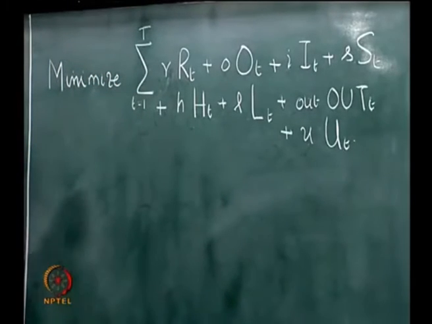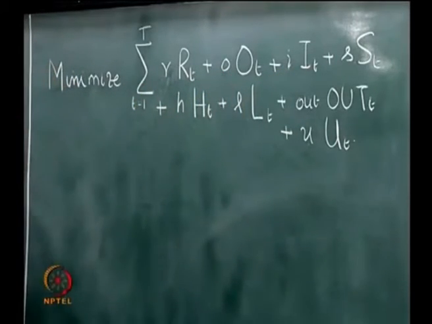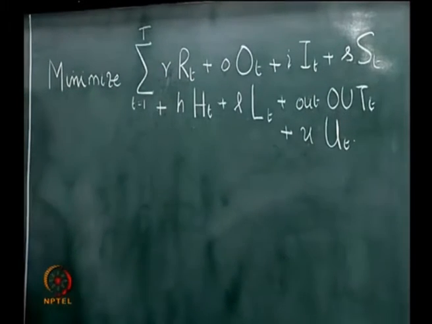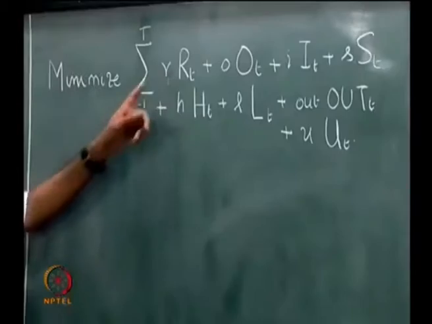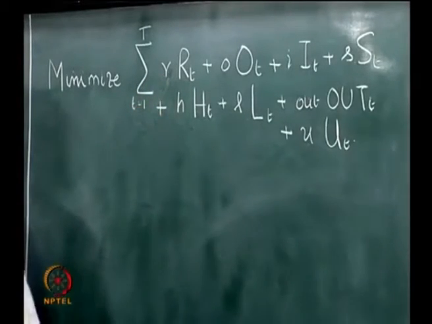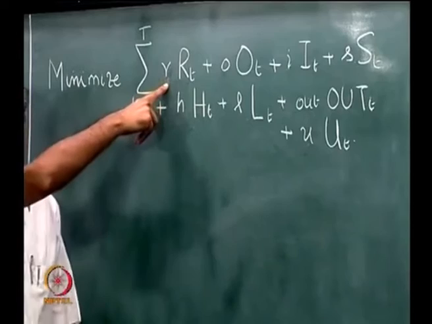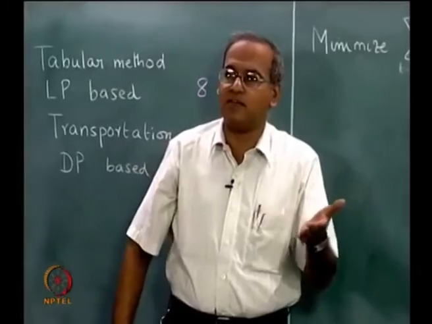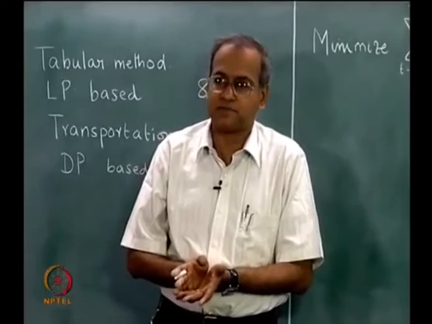But then when we computed this R and O and I and S, if in reality this R had a fixed component and a variable component, but for the purpose of computation and for the ease of computation, we have simply used one particular R which represents that R0 plus R1, then it is likely that there could be an error in the computation of R, and then the linear programming solution can sometimes give even a higher cost than what is actually incurred by the organization.